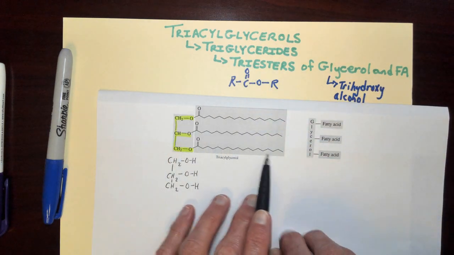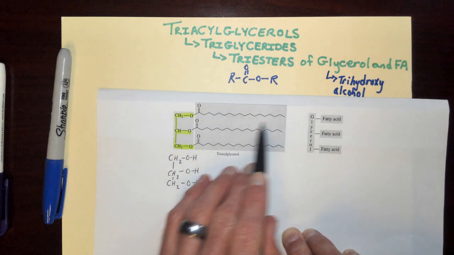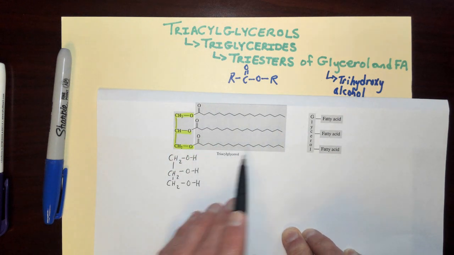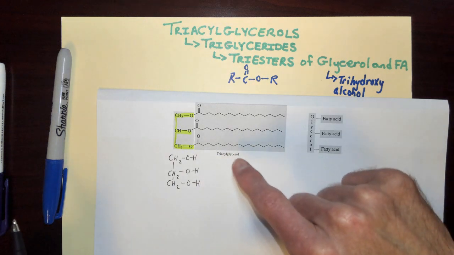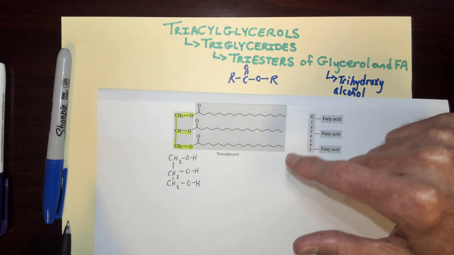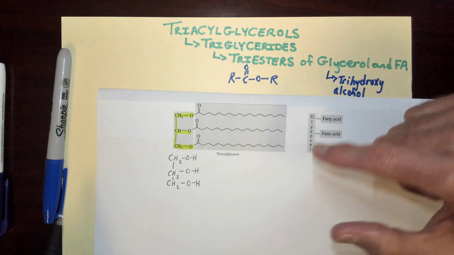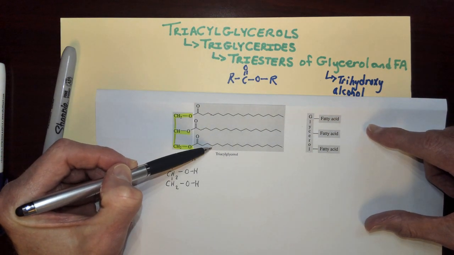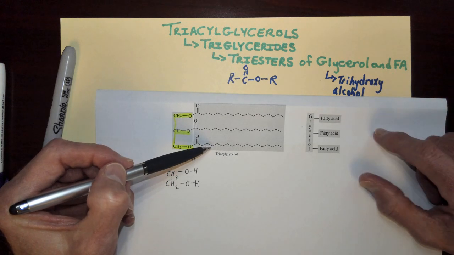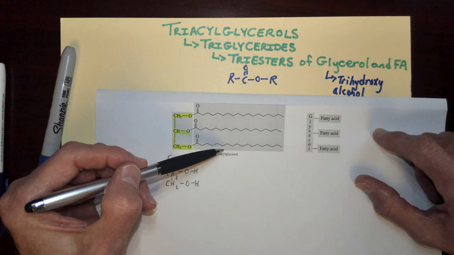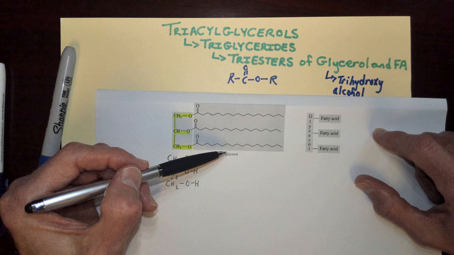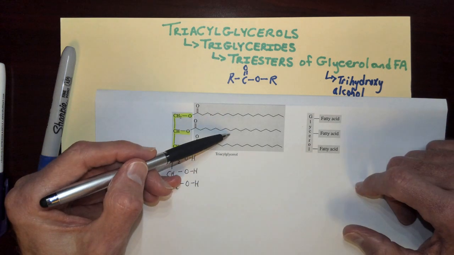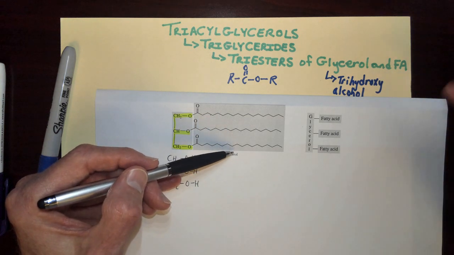And see, when they merge together, these are your fatty acid chains right here. Those may be the same or they may be different. So these 3 fatty acid chains, they may all be 14 carbons, or maybe one of them's 14 carbons, one of them is 16 carbons, one of them's 18 carbons, or maybe 2 are 16 carbons and the other is 18 carbons.